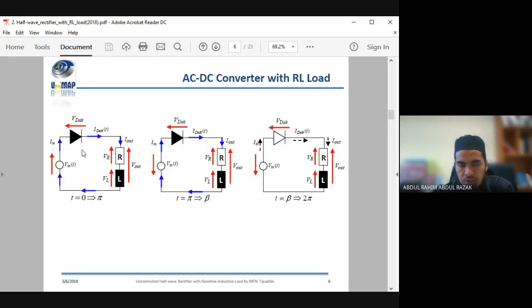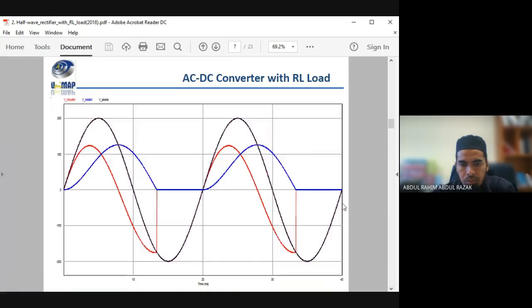So it flows in the positive, and the diode is blocking. It flows in the positive cycle, in terms of the clockwise cycle, from 0 to pi. Then it continues. Actually, the current continues from pi to beta, meaning from pi to the extinction angle.